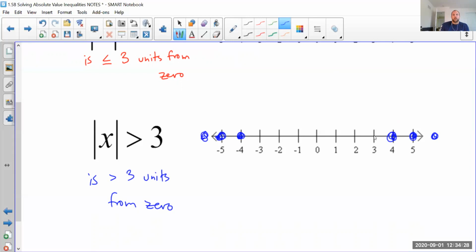And so what we're going to say here, it can be anything that is more than 3 units from 0, so going this direction. It doesn't include 3, so it'll end up being open. Same thing at -3. And all these numbers this way are also more than 3 units from 0. Okay?